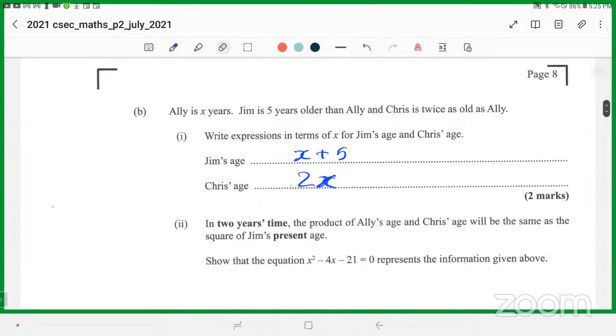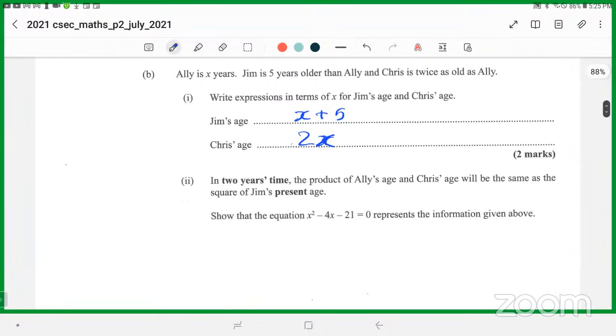All right, let's take this off now. The next part says, in 2 years. So in 2 years, Jim is going to be X plus 7, and Chris is going to be 2X plus 2. In 2 years, the product of Ali's age. So look what they're saying now. The product of Ali's age. In 2 years, Ali is going to be X plus 2. Chris's age is going to be 2X, and you add 2 to it.